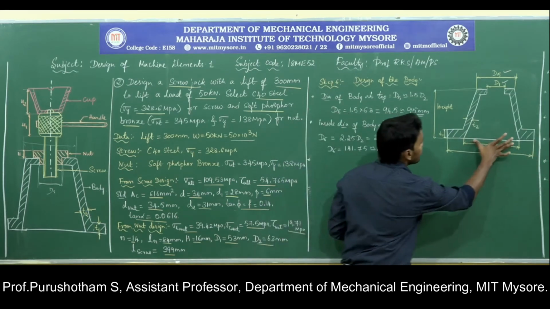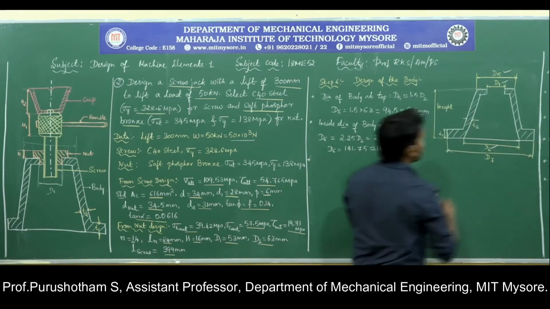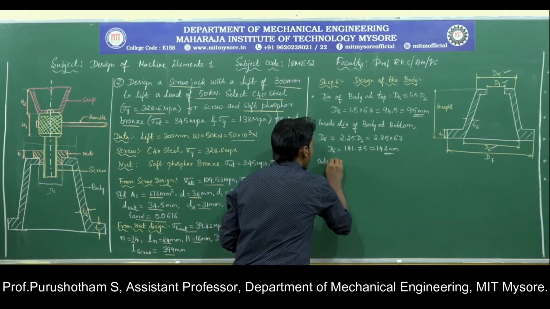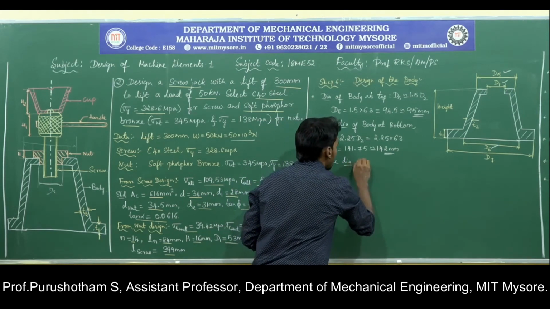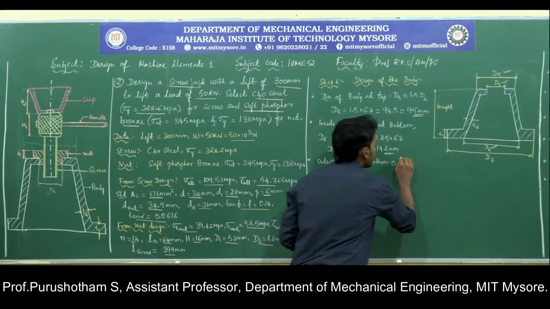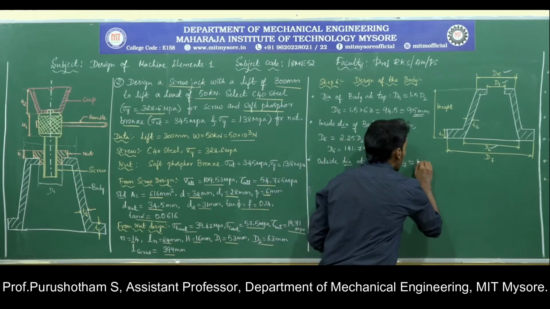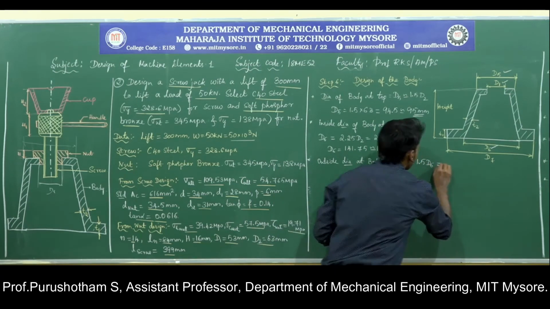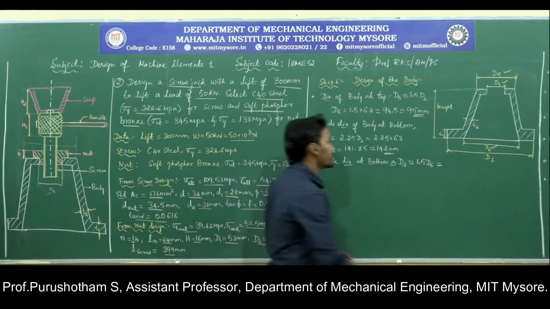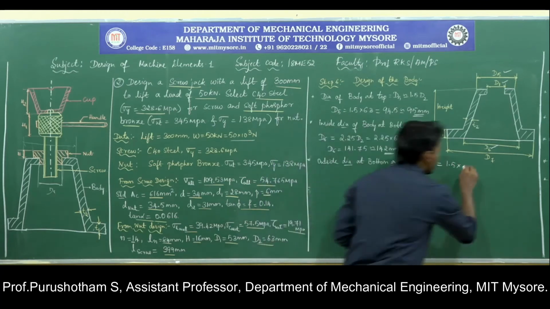D7 is represented with respect to D6: D7 equals 1.5 times D6, and the D6 value is 142.